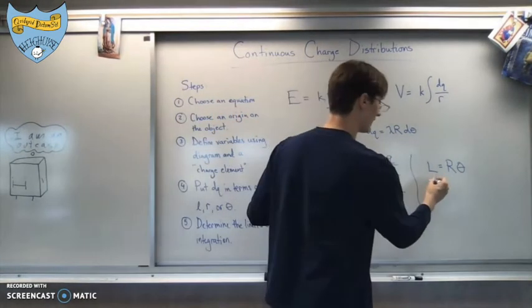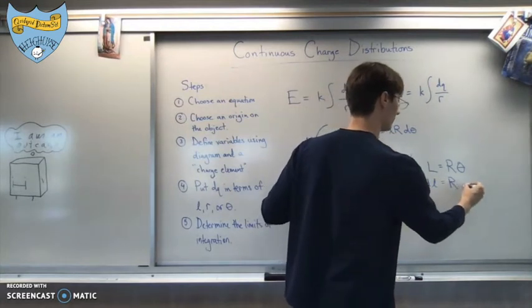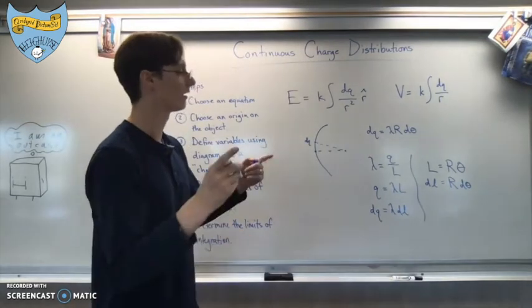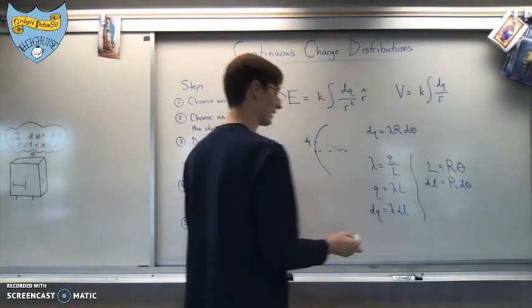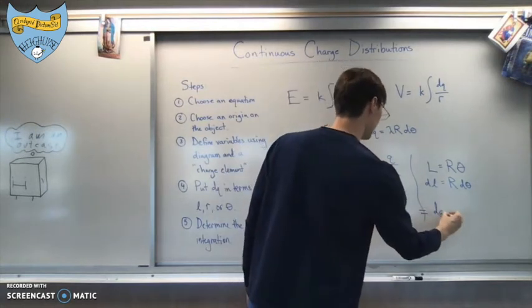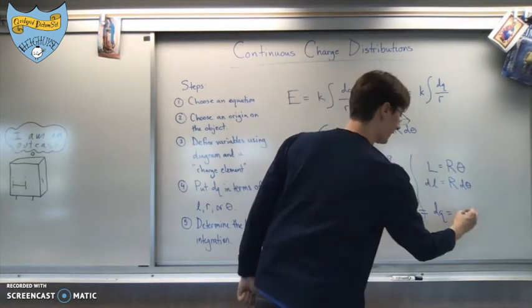Okay, again, I can take the derivative here of both sides, and we end up with that. Make a substitution now, and we get that dq equals lambda r d theta.